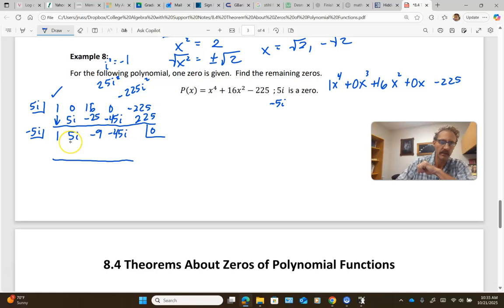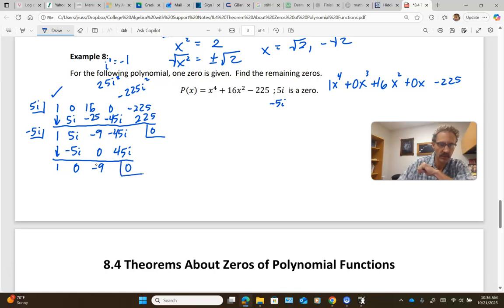Okay, so I'll drop down my 1 again. -5i times 1 is -5i. Positive 5i plus -5i is 0. -5i times 0 is going to be 0. Negative 9 plus 0 is negative 9. And then finally, negative 5i times negative 9 is positive 45i.